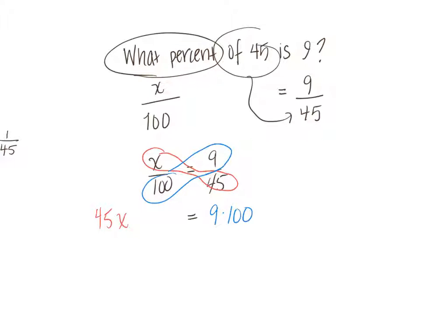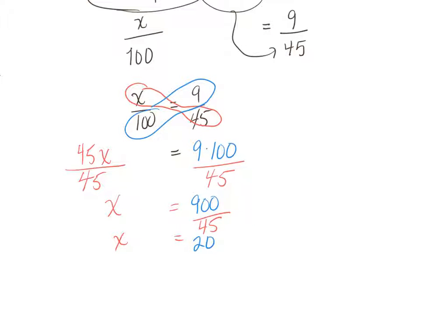Divide by 45 so that I get X by itself. And X equals 900 divided by 45, which, by the way, is 20.